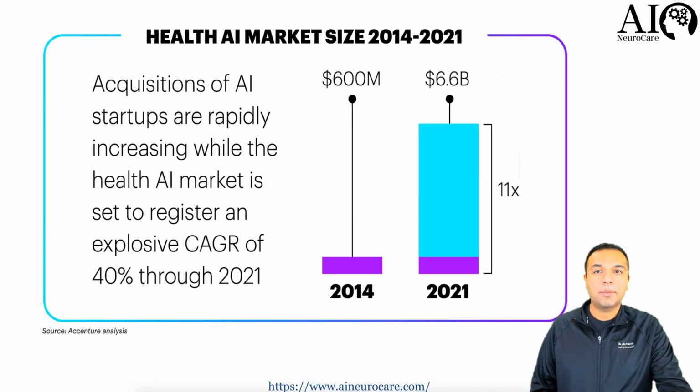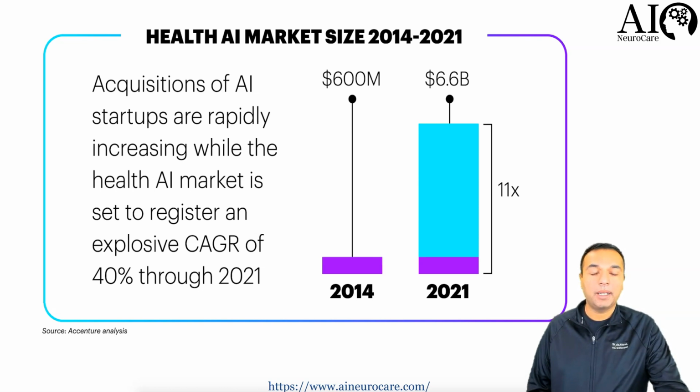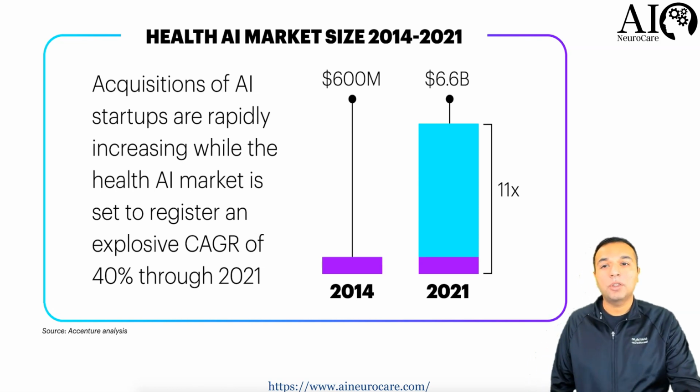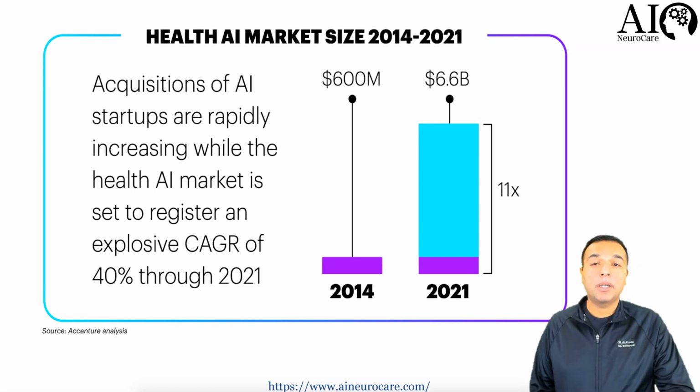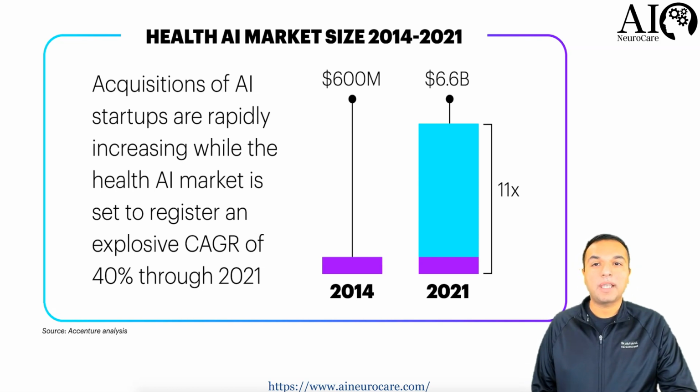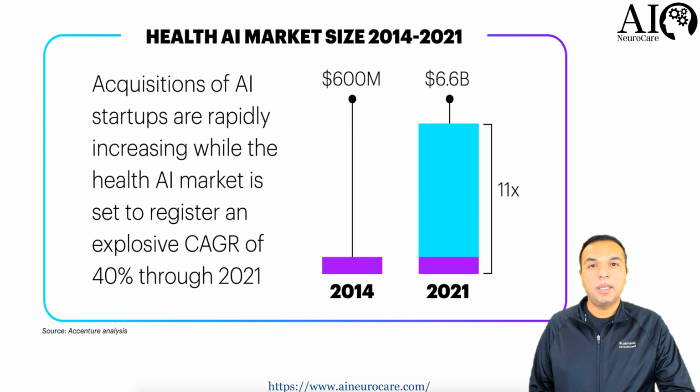Similarly, this is from Accenture analysis, saying the same thing, that it has gone from 600 million to 6.6 billion. Again, there is a lot of market share that has been devoted to it, with a compound annual growth rate of 40%. Significant impact from an investor perspective.